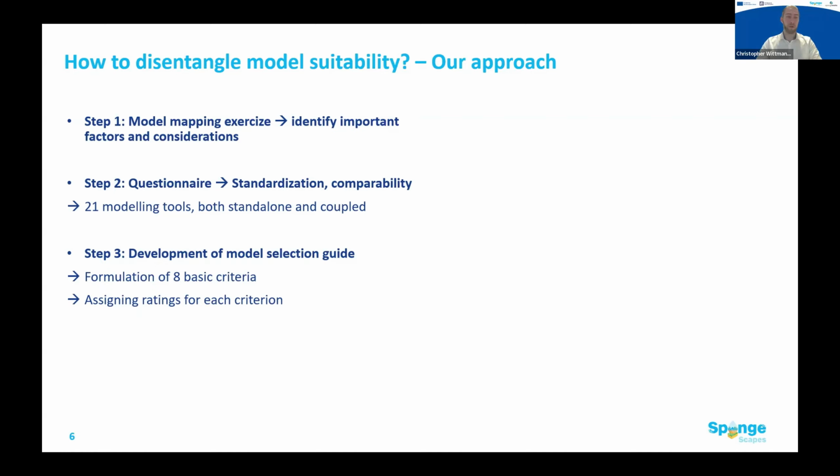So we collected in total 21 tools, and based on these questionnaires and the response, where basically the respondents rated or answered some questions about the suitability in certain environments, we developed this guide for selecting models, where we identified basically 8 basic criteria that are necessary to assess the suitability. And based on the questionnaire, we also assigned some ratings for each of these criteria for each model.